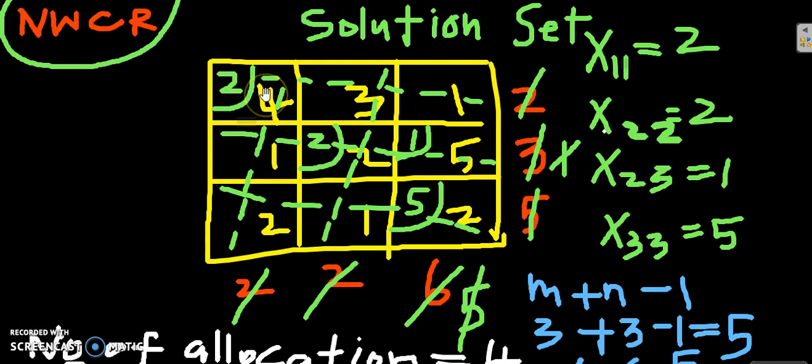So 2 units are transported from here to here, 2 units from here to here, 1 unit from here to there, and 5 units from here to there. So how many allocations? 1, 2, 3, 4 allocations only.